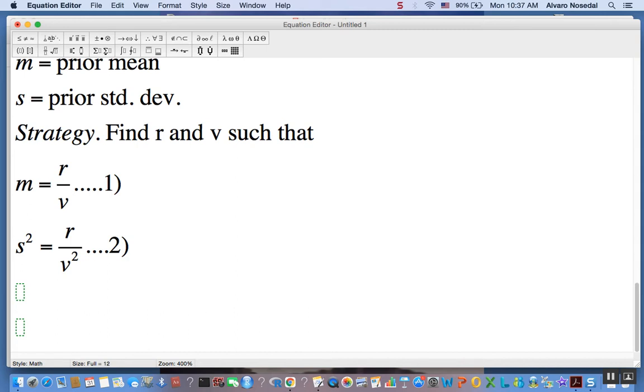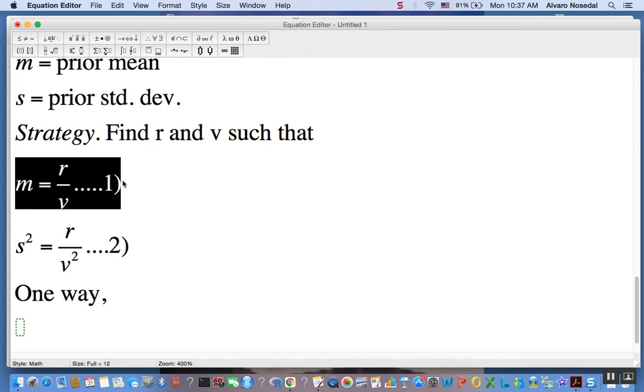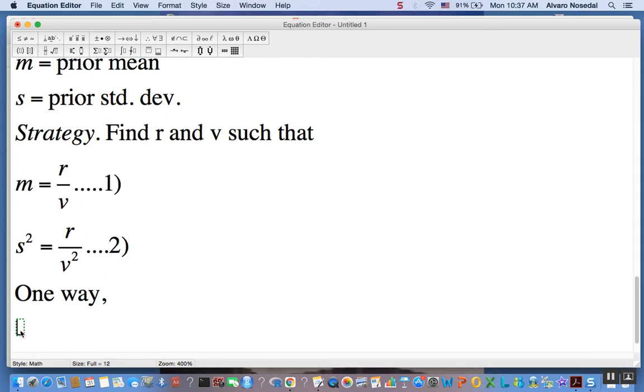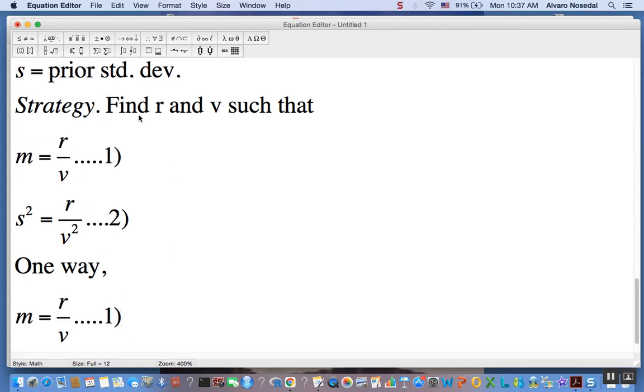So one way of finding these guys: from the first equation, what we could do is solve for R. If we solve for R, we will have that R equals M times V. Make sense?